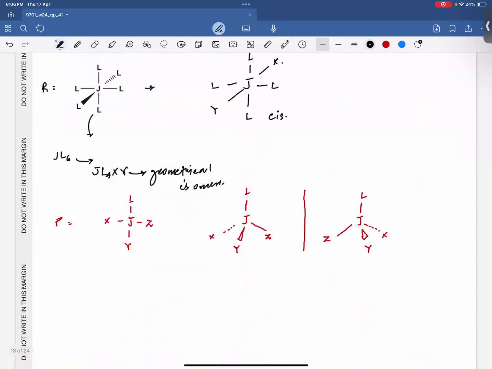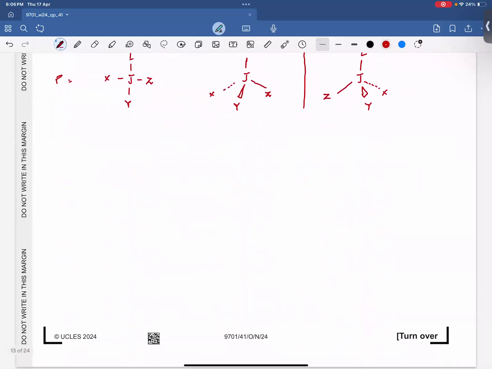Okay. Let's talk about Q. Q में J है और आप तीन डिफरेंट कर देंगे तो ये सेम ही सिनेरियो हो जाएगा. X, Y and Z. ये एग्जैक्टली सेम सिनेरियो हो जाएगा Q में भी.